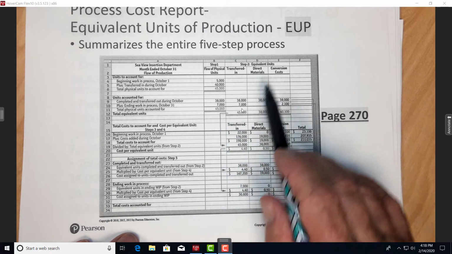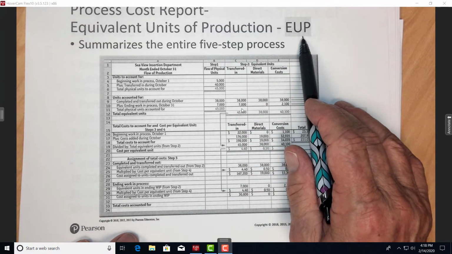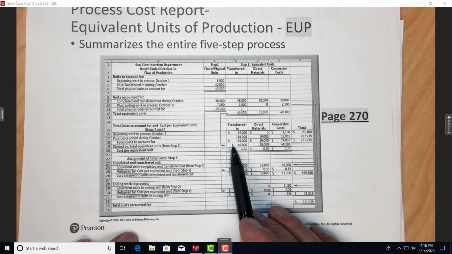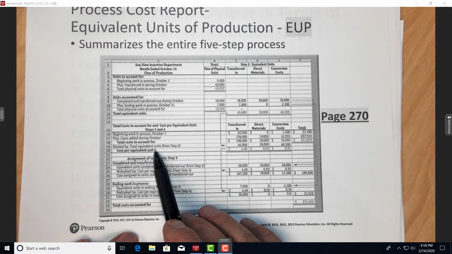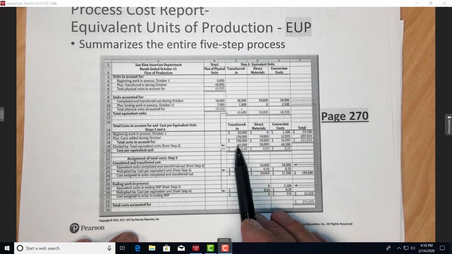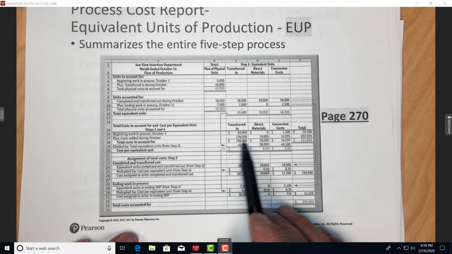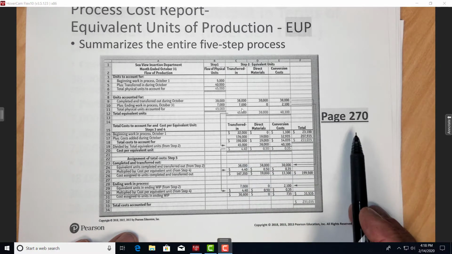Also note that in this calculation, how the physical units are used in the equivalent unit production determines the cost per equivalent unit, which is the total cost to account for divided by the equivalent units.